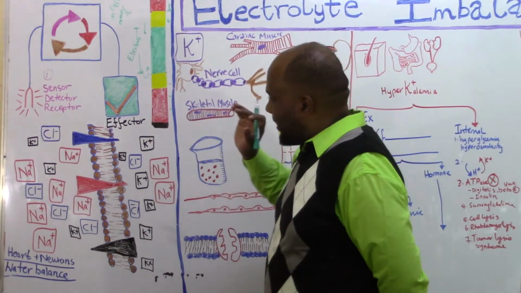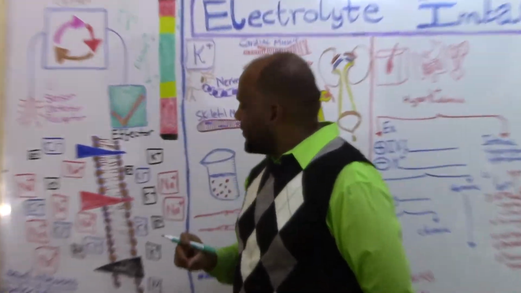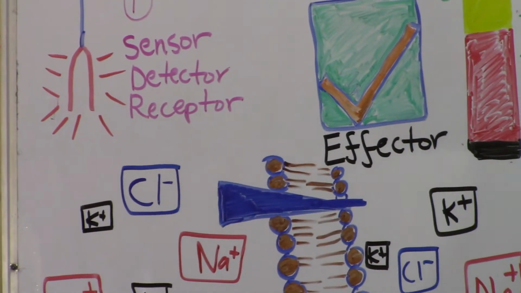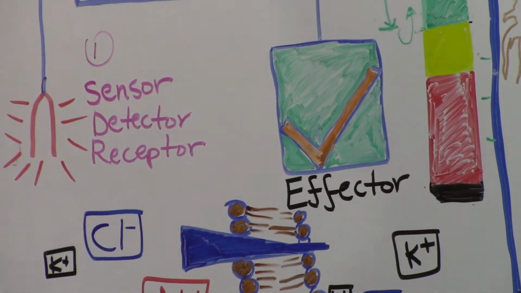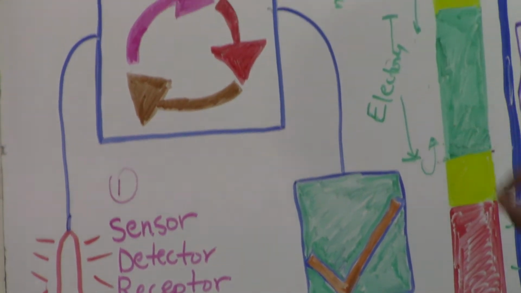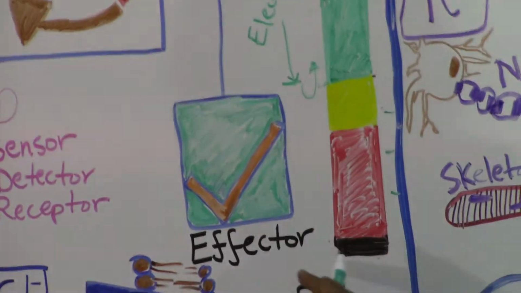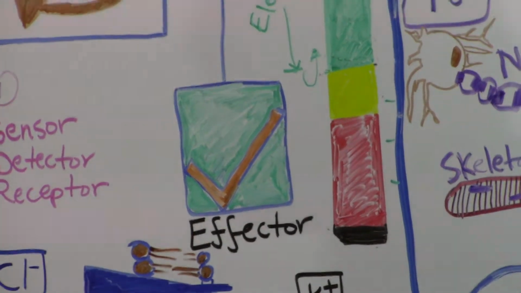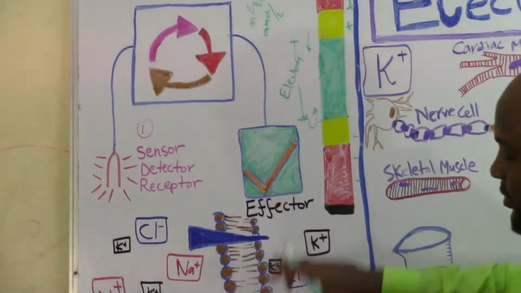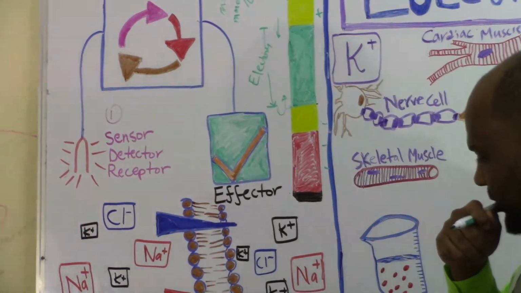If there is an increase in blood glucose level, the sensor in this particular variable will be the pancreas, namely the beta cells of the pancreas, and they will process and secrete insulin, and the effector will be the skeletal muscle cells or the liver cells, and they will uptake glucose from the blood and decrease the amount of glucose in the blood, returning the overall amount into the green zone or the homeostatic range.